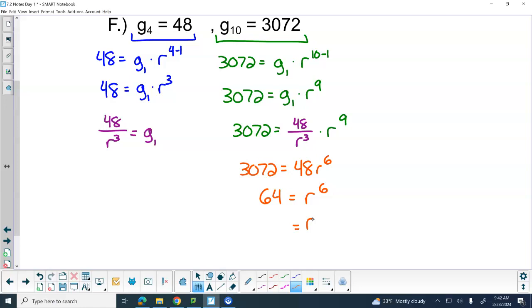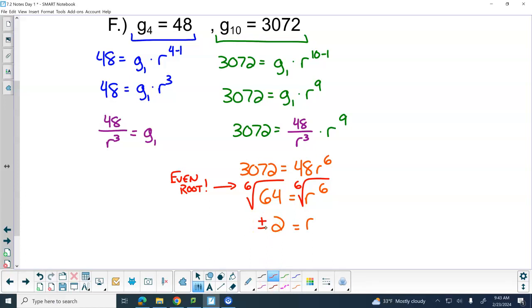Why plus or minus? Because we're taking an even root right here. Yes. So it's plus or minus 2.